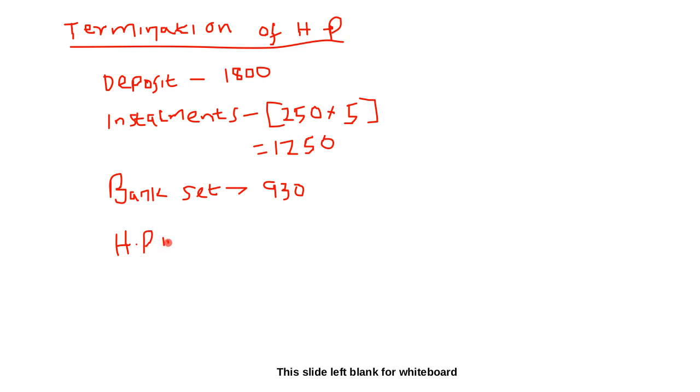So the hire purchase interest will be 50 times 6. So what will that give us? 50 times 6 is 300. So the interest there will be 300.